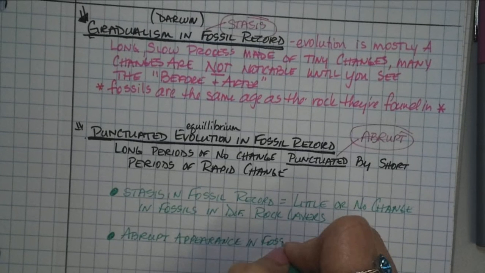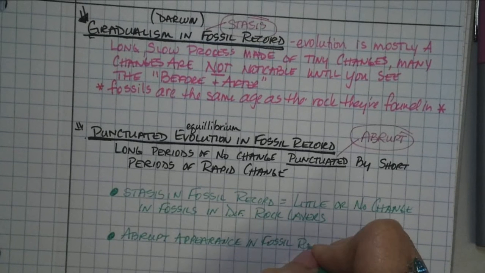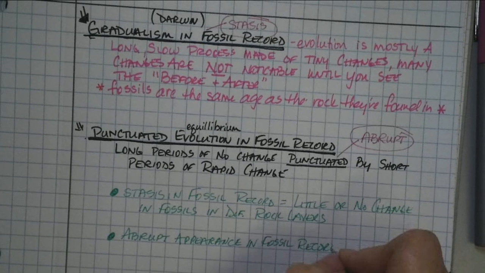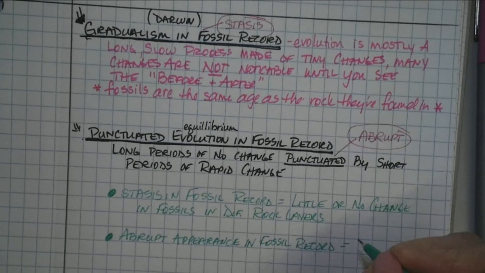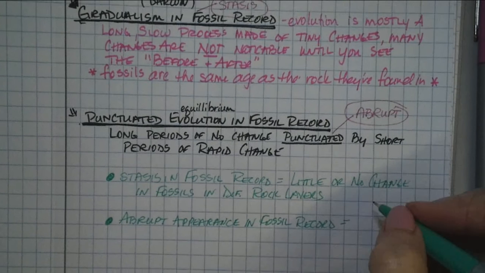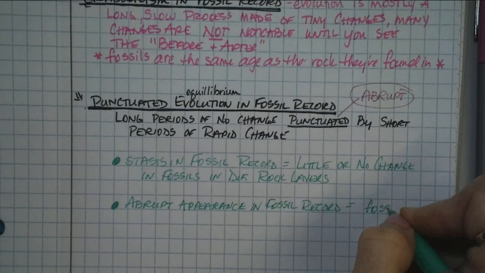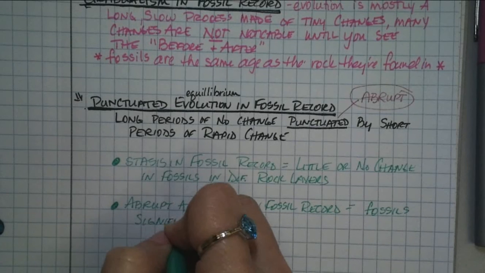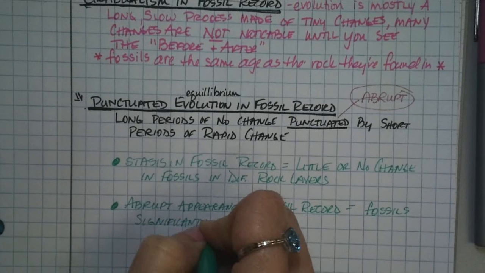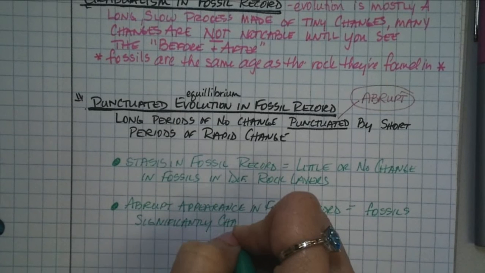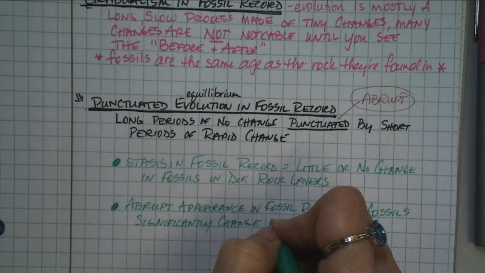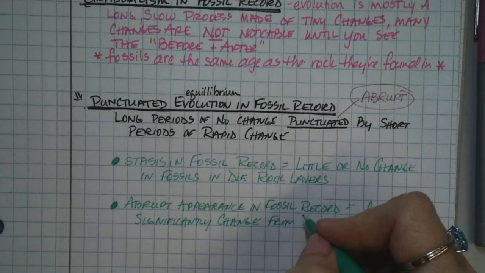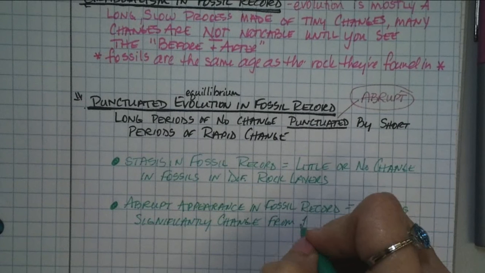Abrupt appearance in the fossil record is when the fossils significantly change from one rock layer to the next. So they change, obviously, from one rock layer to the next. And maybe it's more than one rock layer.